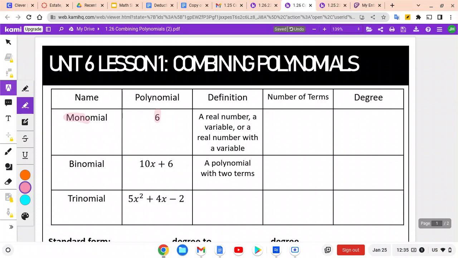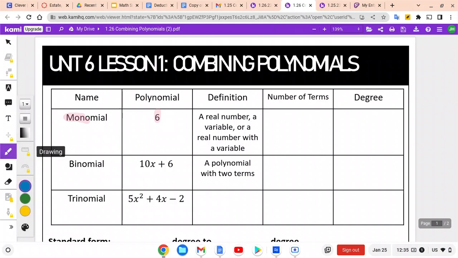It could be a real number, like 6. It could even be, say, a letter, like C. Of course, we call letters variables. And you can even combine a number and a variable, and it's still a monomial. It's still one term.